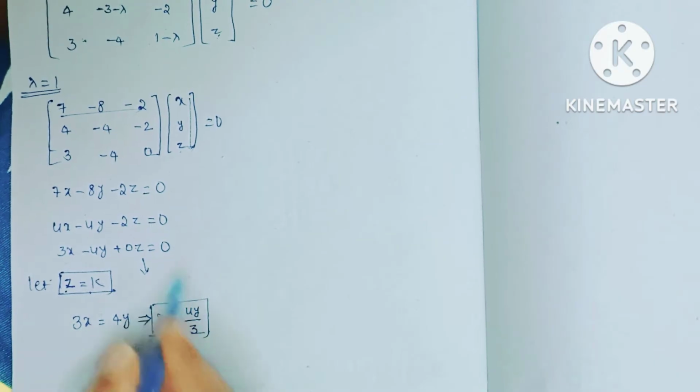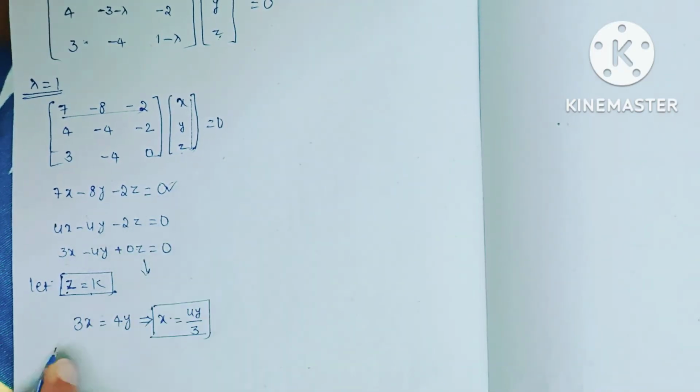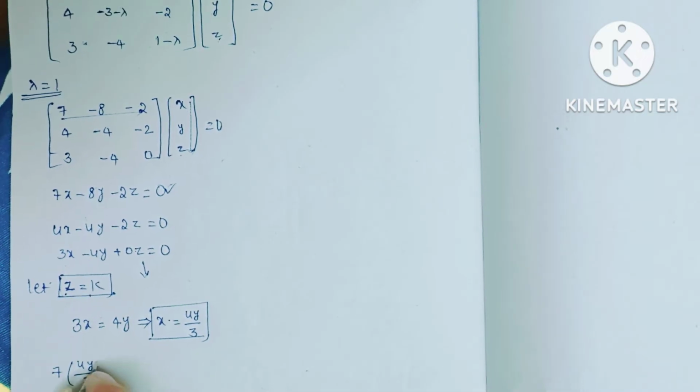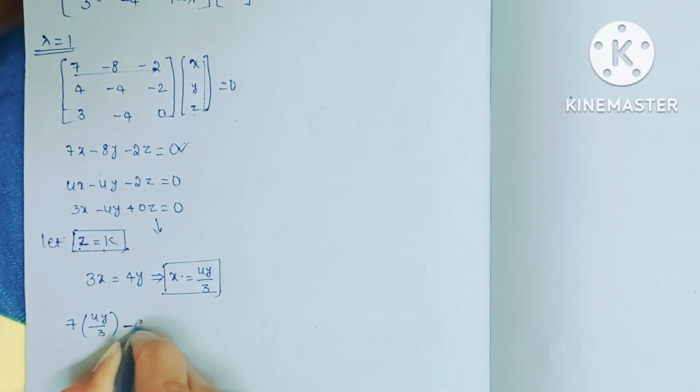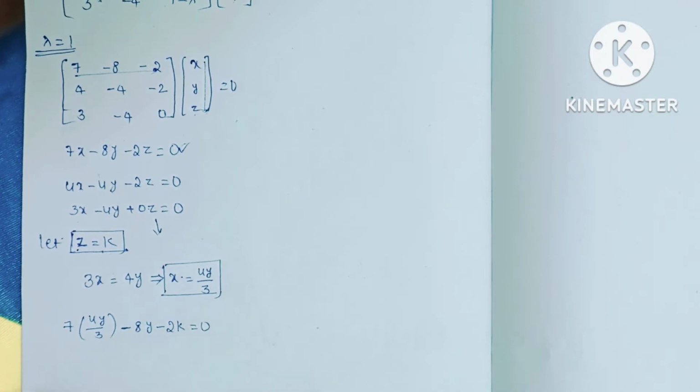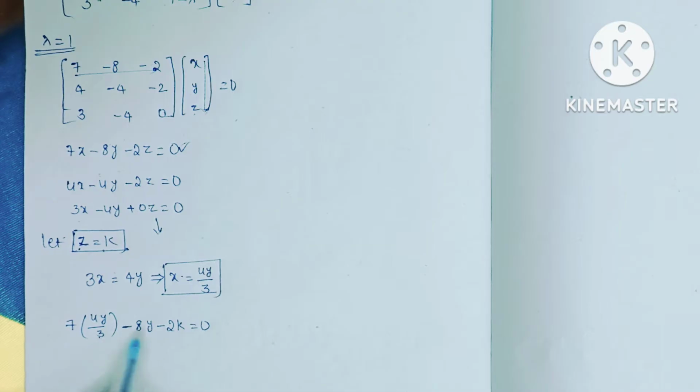So here I am writing in equation 1. So 7 into x, which is 4y by 3, minus 8 into y minus 2z, which is nothing but k, is equal to 0. So I am multiplying with 3 and taking this 3 to this side.